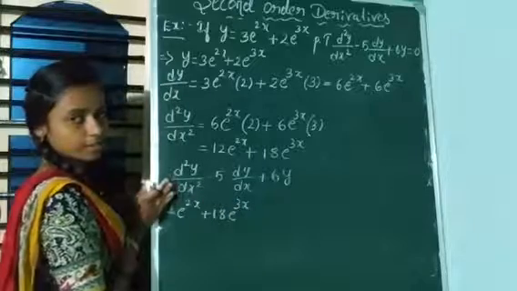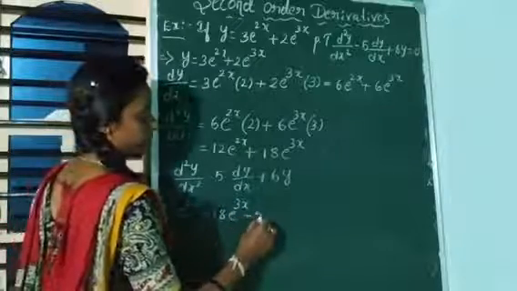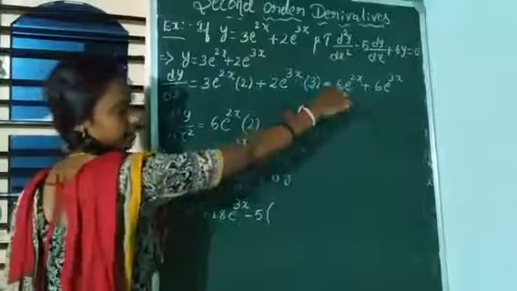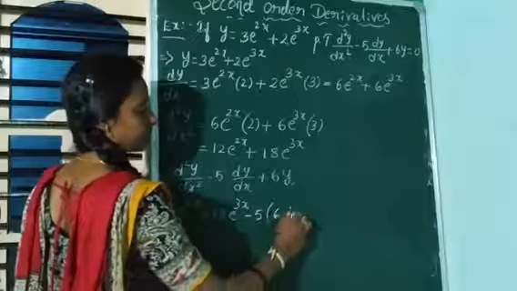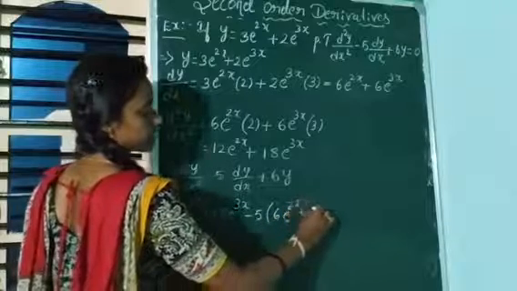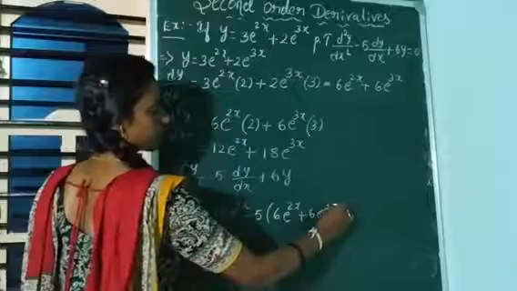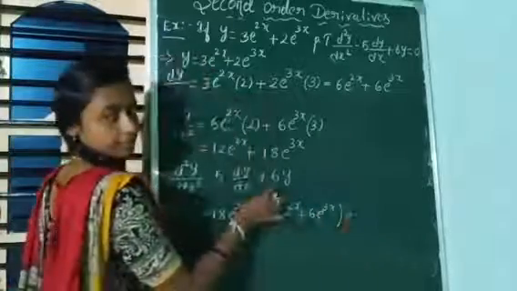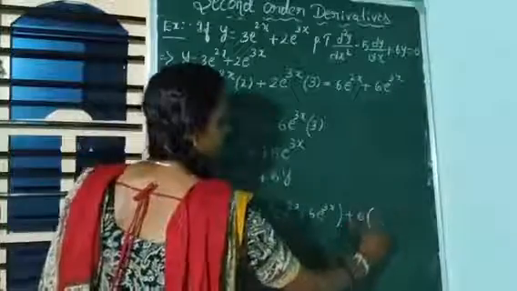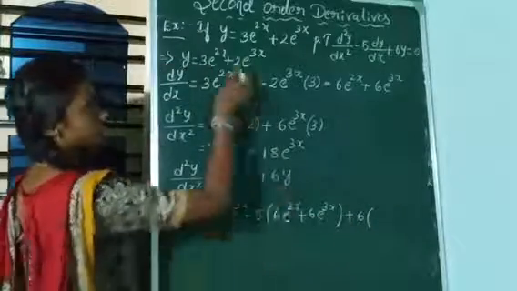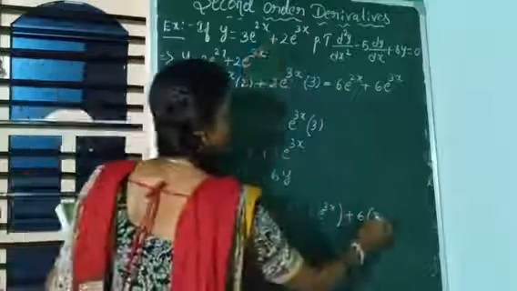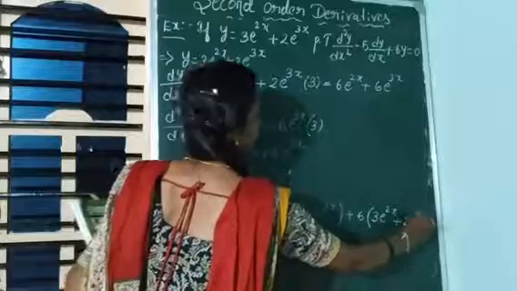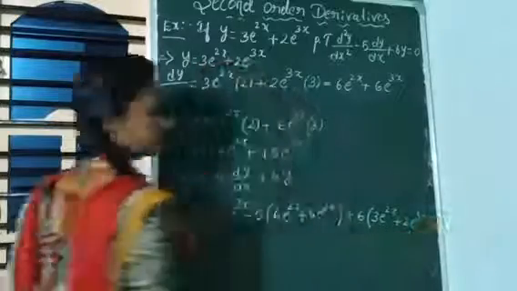Minus 5 into dy by dx, the first order derivative, we got as 6 e power 2x plus 6 e power 3x. Next, plus 6, there is a constant 6, and y is the given function, 3 e power 2x plus 2 e power 3x.